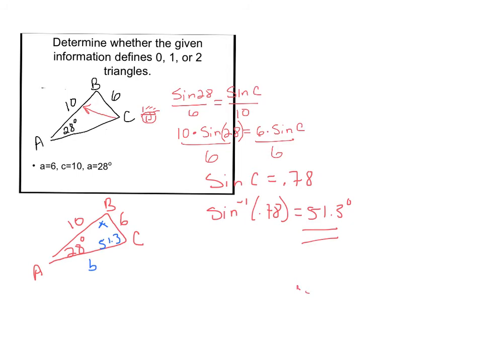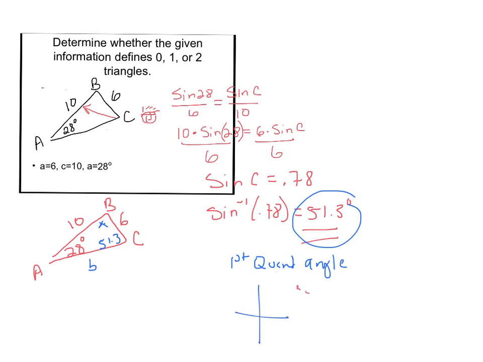Okay, so what about the other possible situation? We got 51.3 degrees. This is a first quadrant angle.